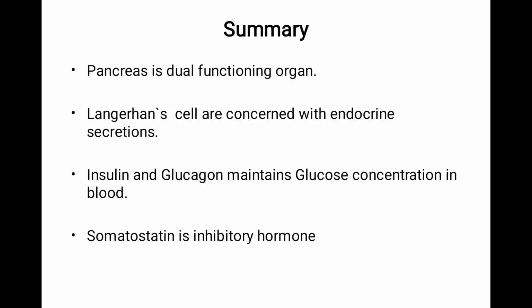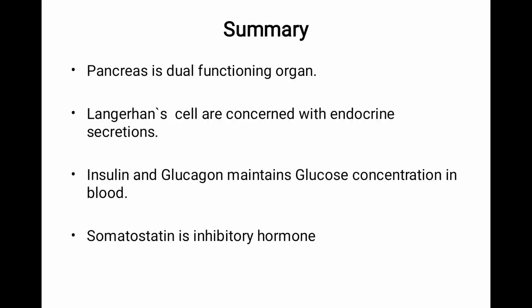Coming to the summary, the pancreas is a dual functioning organ which is responsible for both exocrine and endocrine functions. The exocrine secretions help in digestion, whereas endocrine secretions help in maintaining glucose and sugar levels. The islets of Langerhans of the pancreas are concerned with the endocrine secretions. They secrete three different kinds of hormones: insulin, glucagon, and somatostatin.